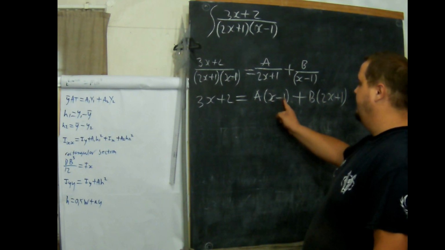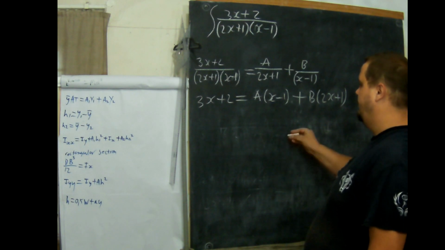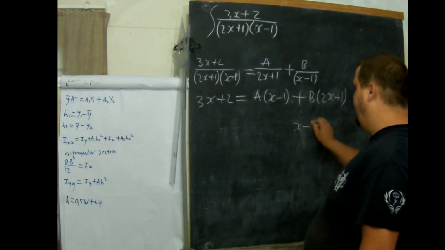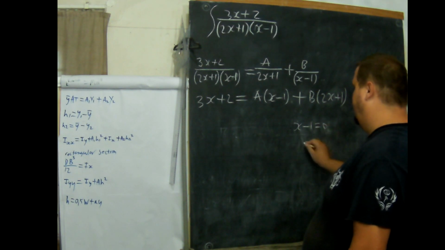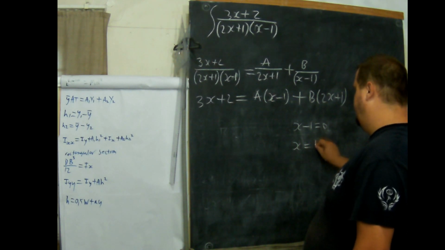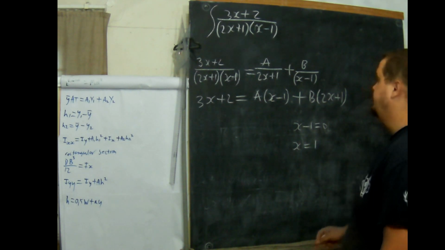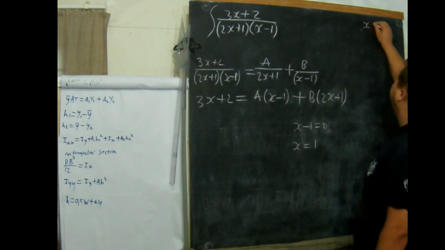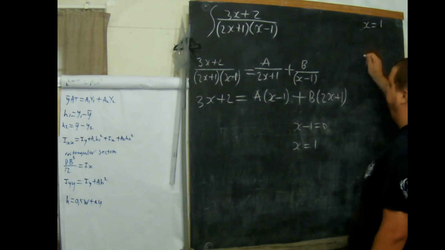So x - 1 equals 0, so x is equal to positive 1. That'll come up top here: x equals positive 1.